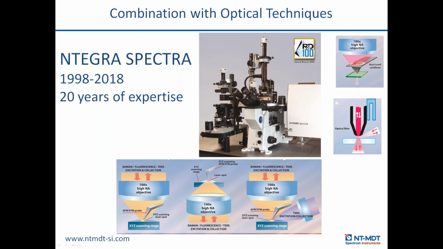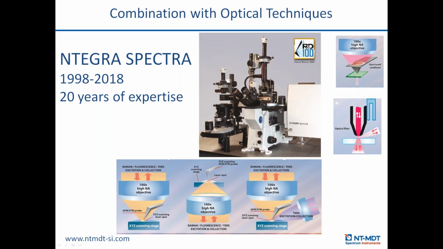Here on the slide, you see how our previous versions of the system look. From the right side, you have a Raman spectrometer, which is combined with the AFM, either on an inverted microscope for transparent samples, or for opaque samples with the top view.